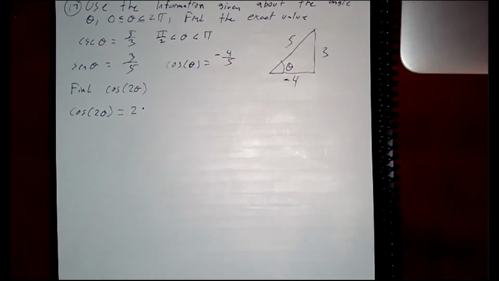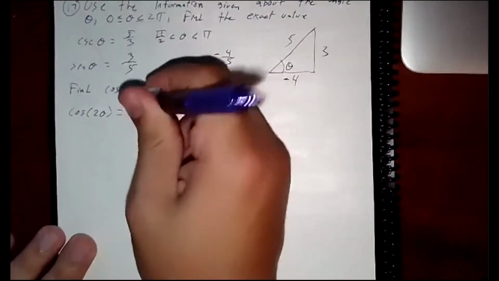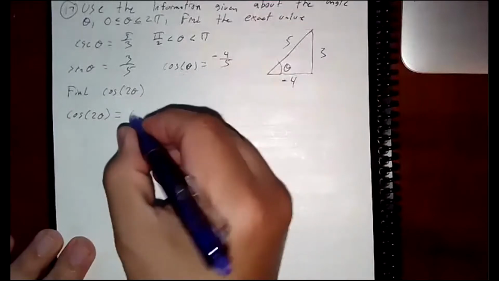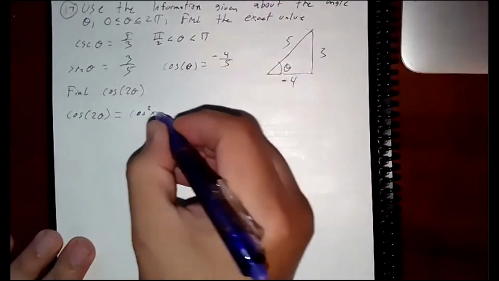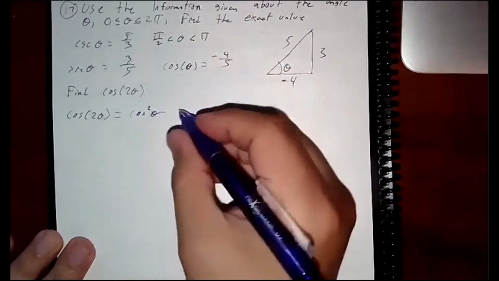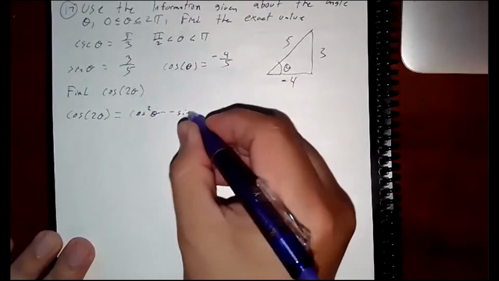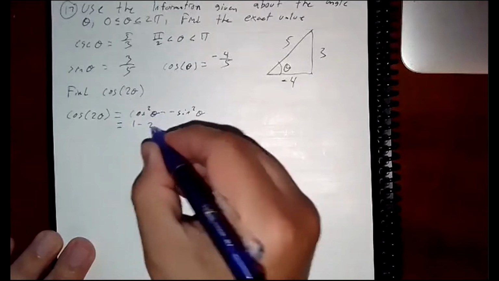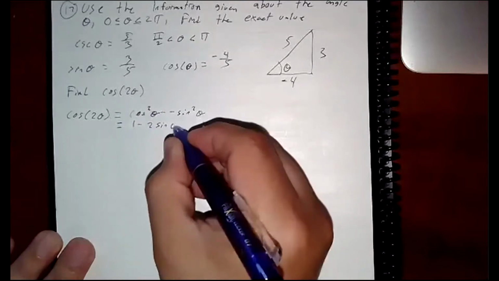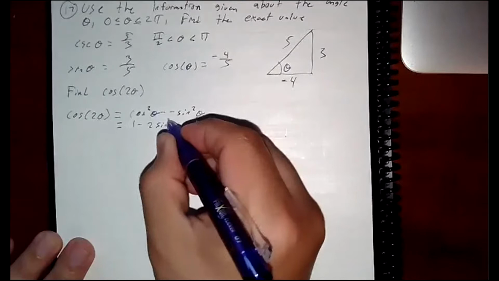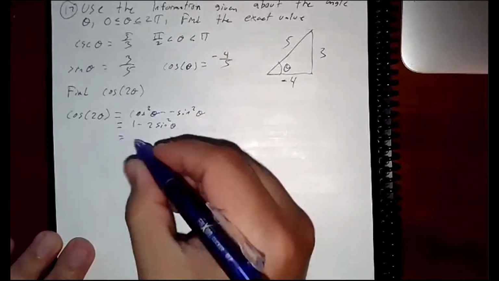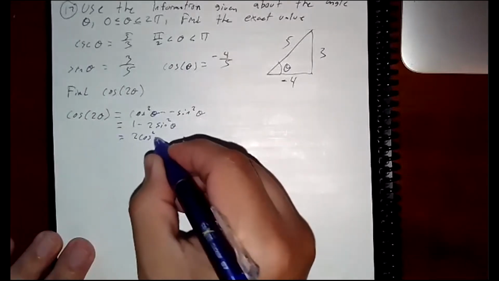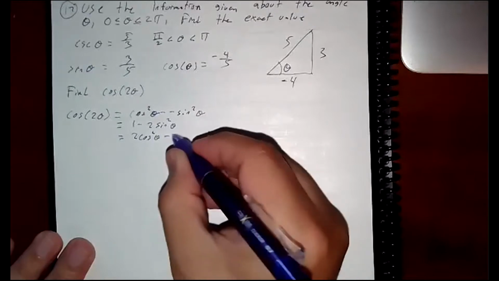You can use, now that I found all of them, it doesn't matter which one you use: cosine 2 theta has this formula: cosine squared theta minus sine squared theta, or 1 minus 2 sine squared theta, or 2 cosine squared theta minus 1.